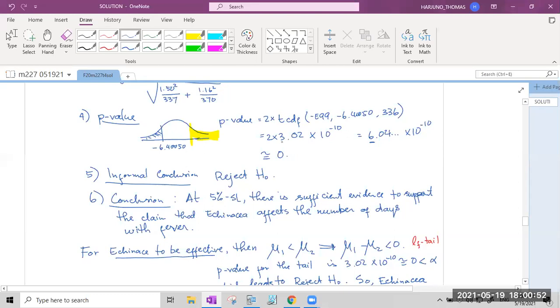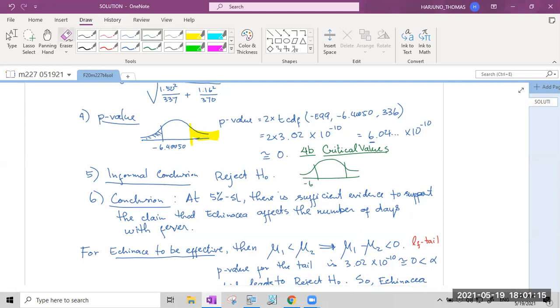Okay, now for extra credit, 4B. Critical value. This is two tails, by the way. So this is negatives, I'm sorry. We want 5%, right? So find the critical value, negative t critical, such that the area of the tails is 5% in total, 2.5% each.